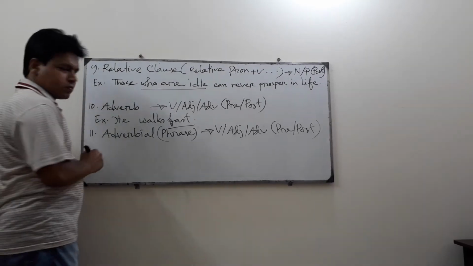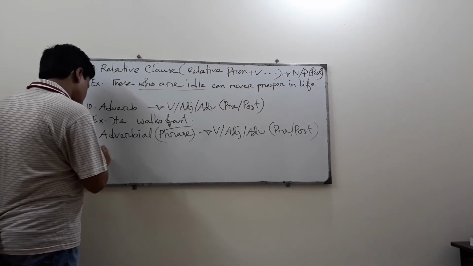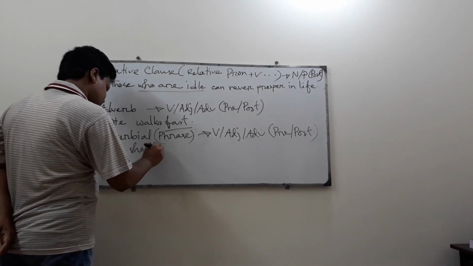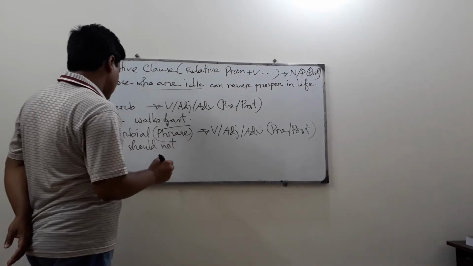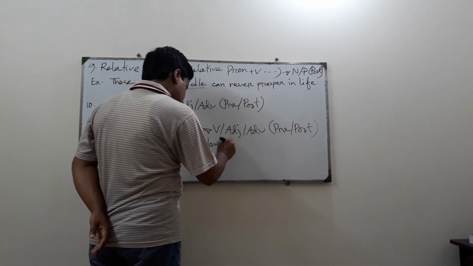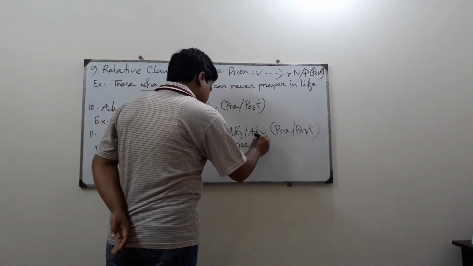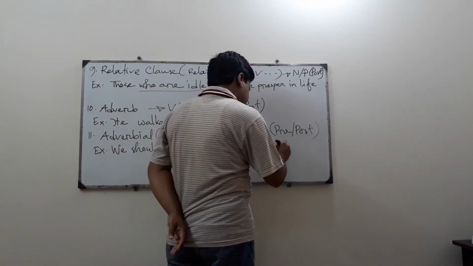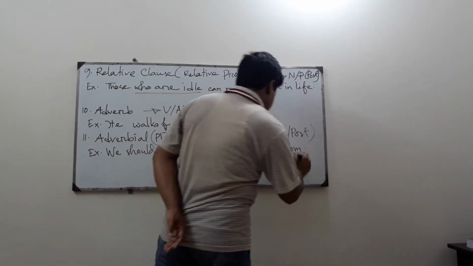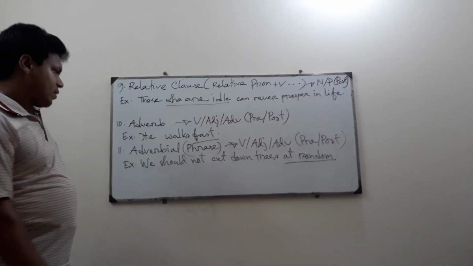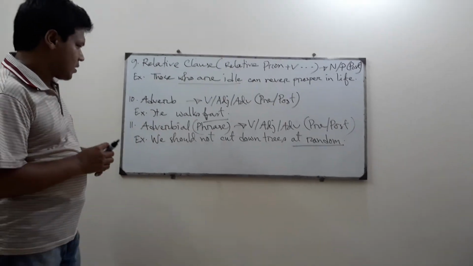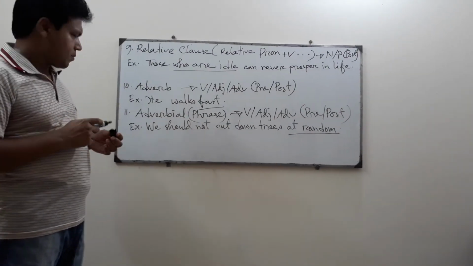Example: we should not cut down trees at random. Here the phrase at random has modified the verb cut. So at random is an adverbial phrase here and it has modified a verb.